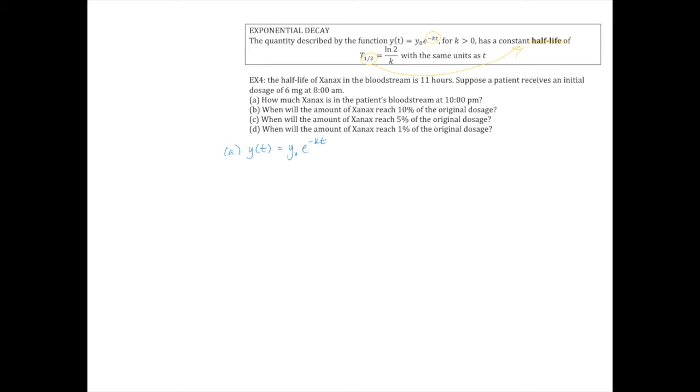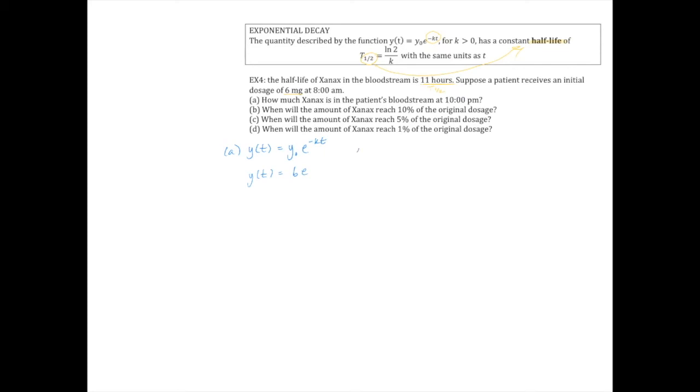Well, I know that my initial population is 6 milligrams. Okay. And I also have 11 hours for half-life. So my equation becomes y of t is equal to 6 e to the, oh, but what is k?